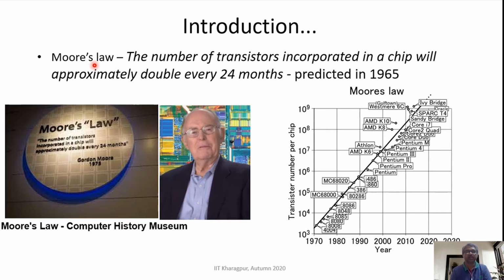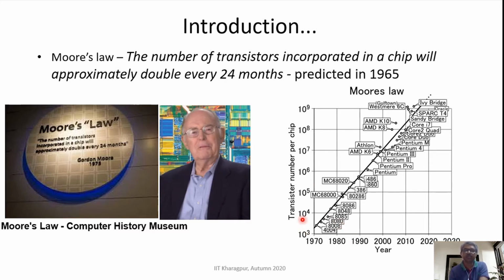Around 1960-65, Moore realized that the electronics industry is moving in a direction where the number of transistors incorporated in a single piece of silicon approximately doubles every 24 months. This was a prediction, and later on most of the blue chip semiconductor companies tried to follow that.